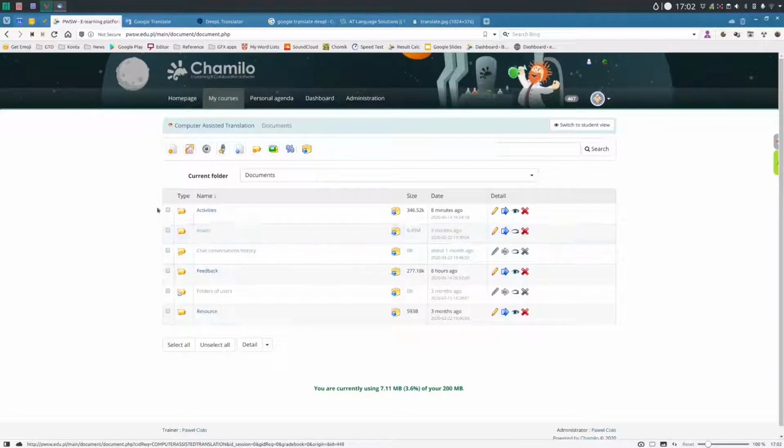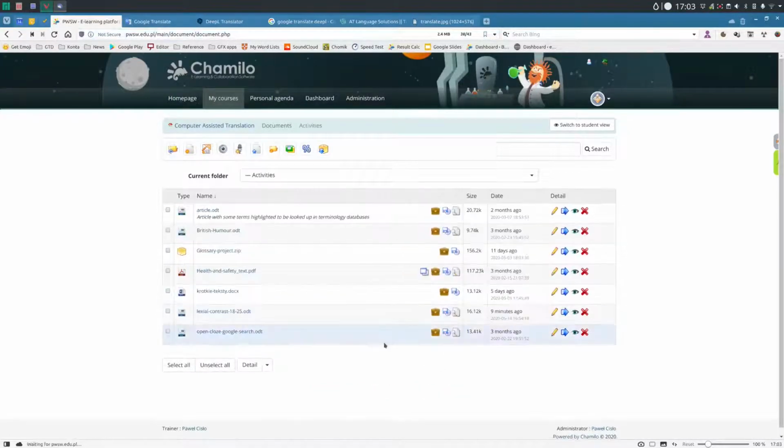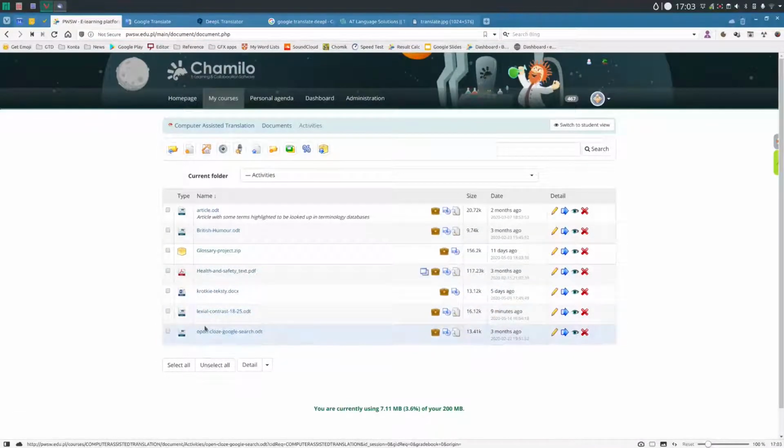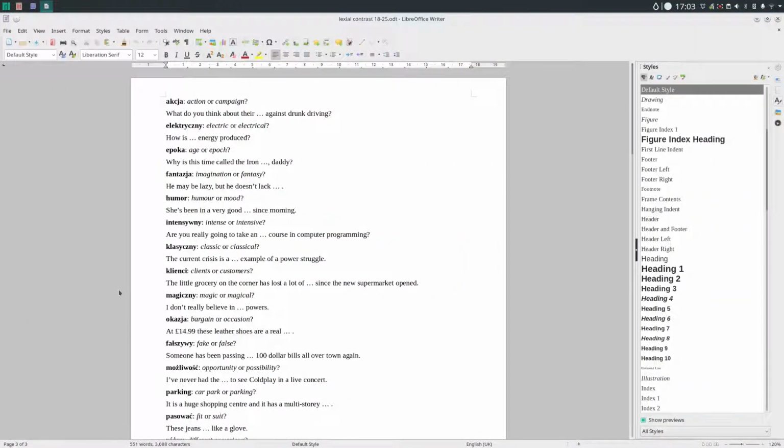So you need to go to activities and you've got this file, lexical contrast. Actually, there's a spelling mistake here. It should be lexical contrast 18 to 25. So if you download that file, you will get something like this.